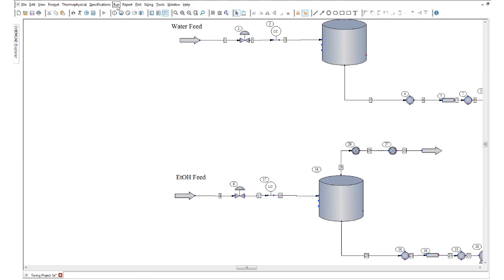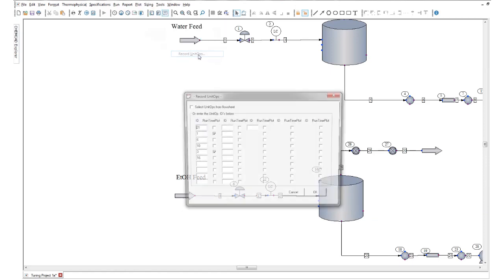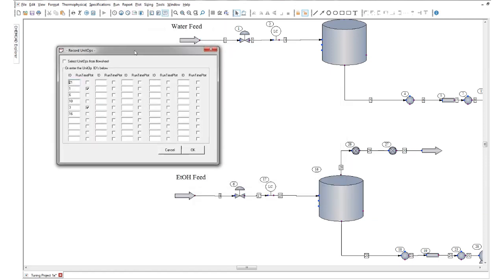So under my run menu, I'm going to hit run dynamics and look at record unit ops. I don't need to look at my water feed tank. I'm interested in control valve number 6, which is my ethanol feed. And I'm interested in my tank of ethanol, which is number 16, and click OK.